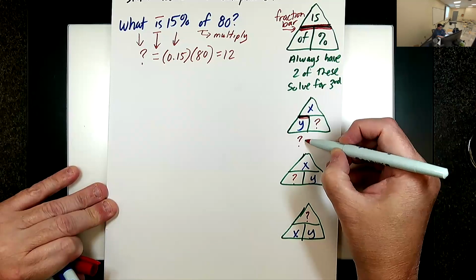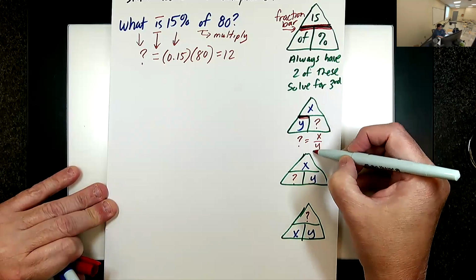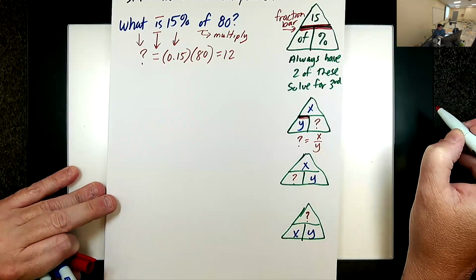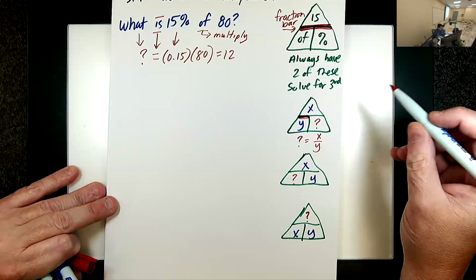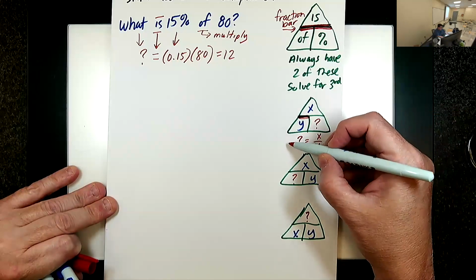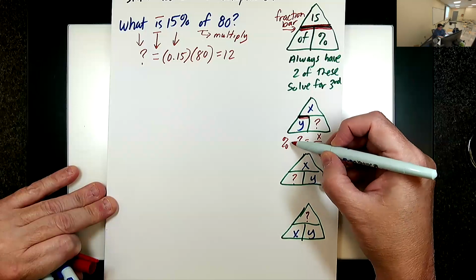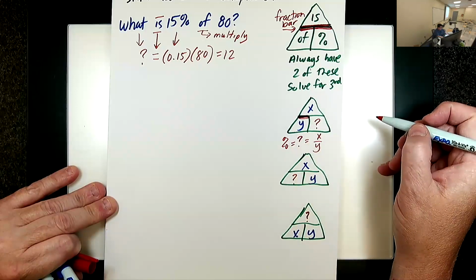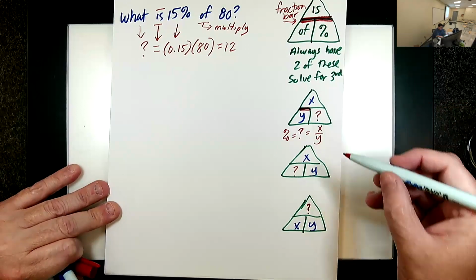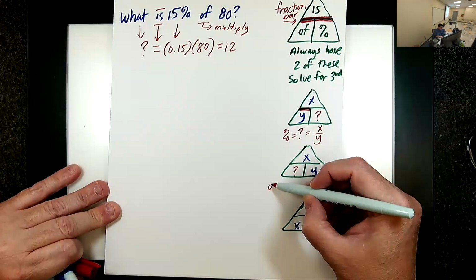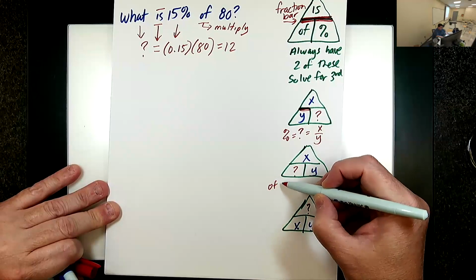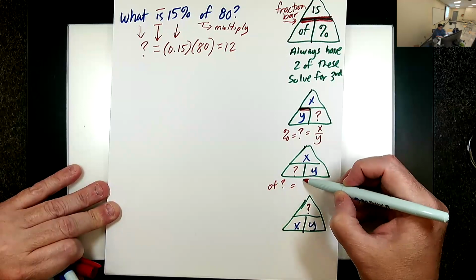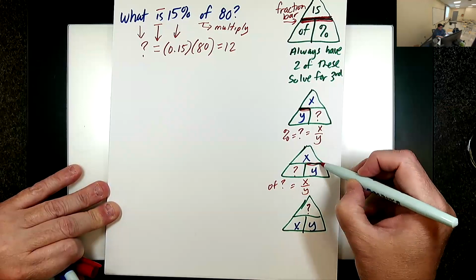This means question is equal to X over Y. And in this case, the question was the percent one. So the percent is X over Y. In this one, the question was the of question. This is also X over Y. You can jump straight to it.